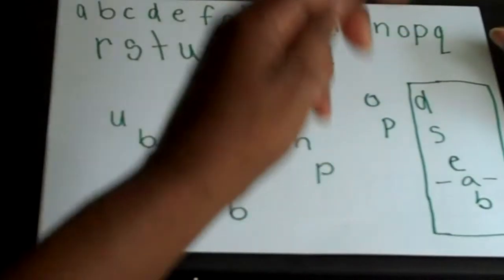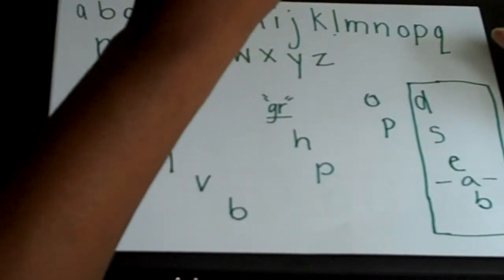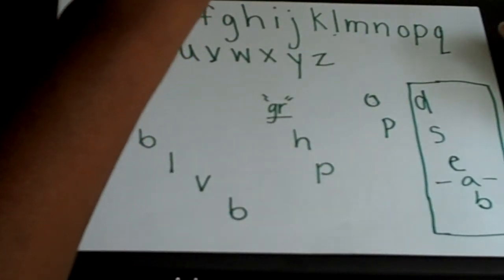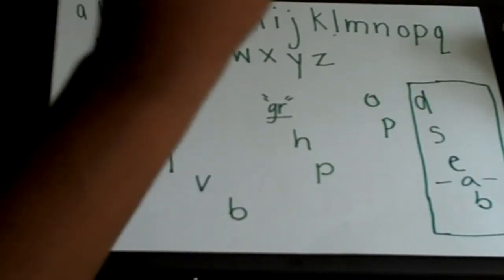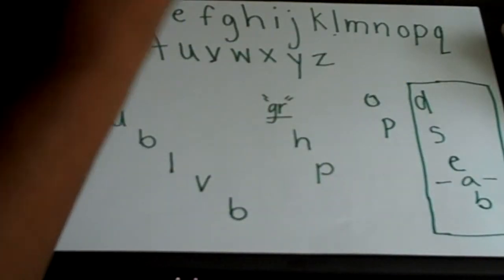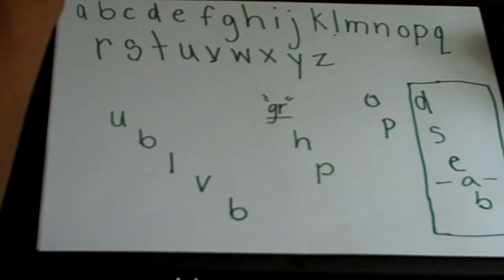Able is an ending word. I'm trying to think of another word besides desirable. ABLE is used on a lot of words. Capable, that's not good. Let's see.